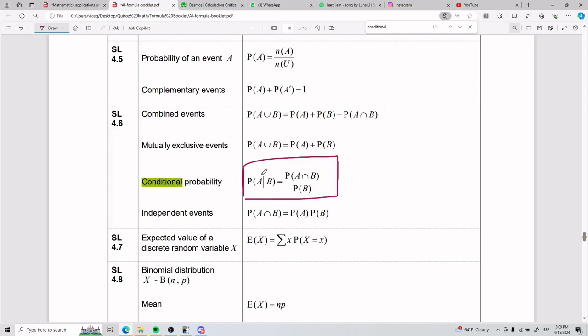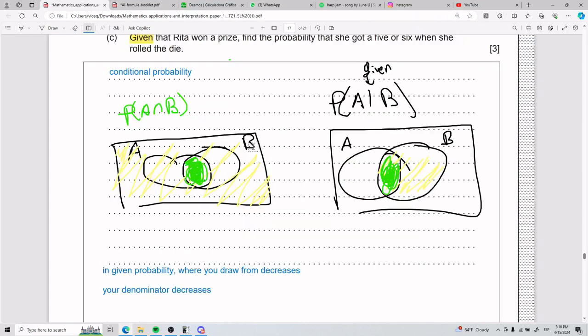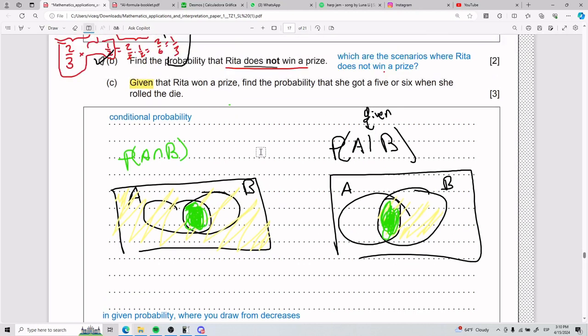So probability of A given B, remember this is A given B, you have A and B divided by B, okay? So the second one goes on the denominator, okay? You can use the formula for this and it would work. And maybe I will do it that way, I'm not sure. But you can also think about it as just your denominator changing. You have to change from where you, like your total, see?